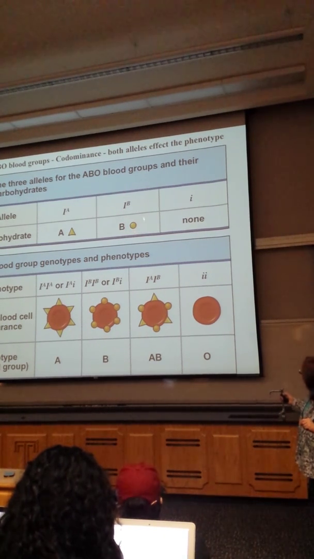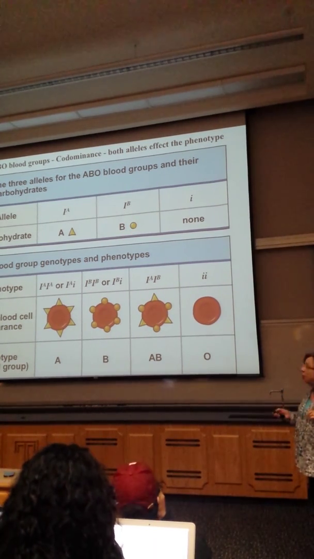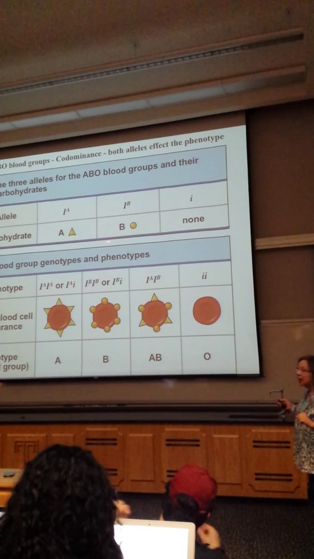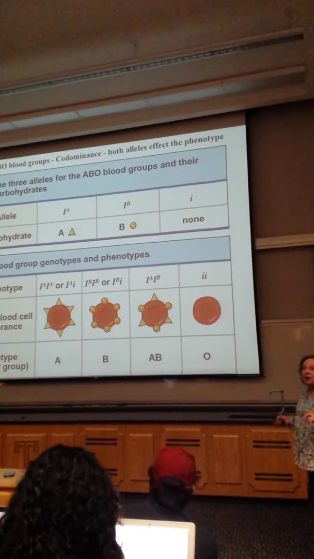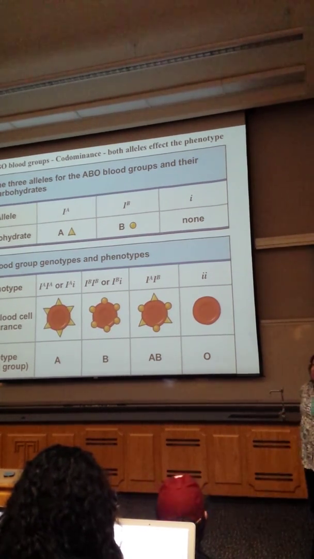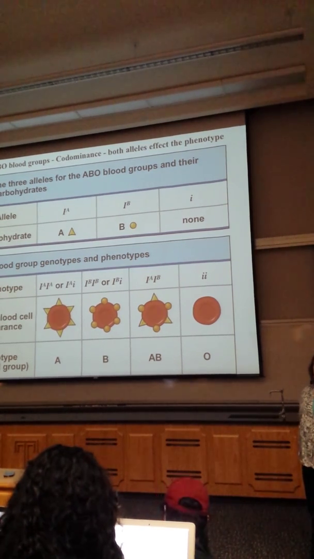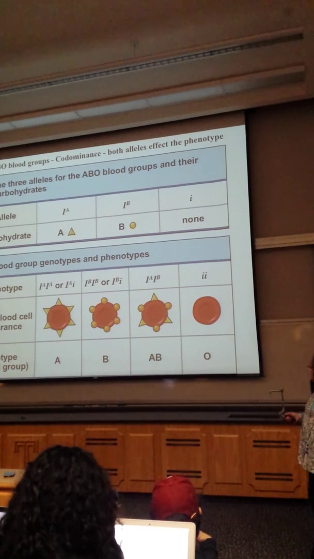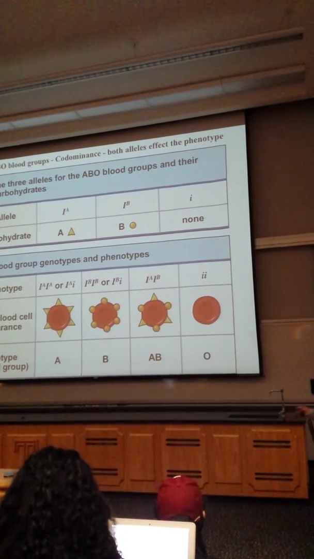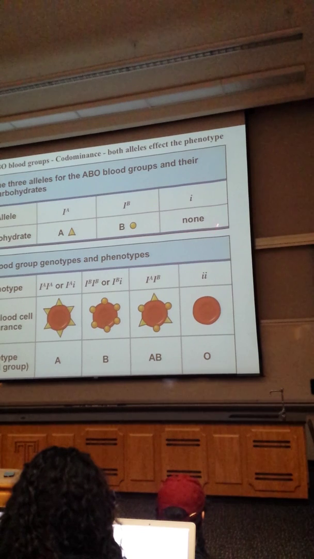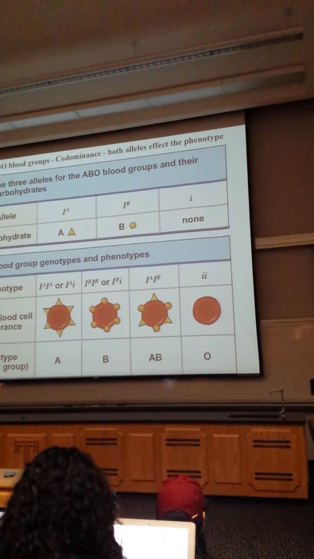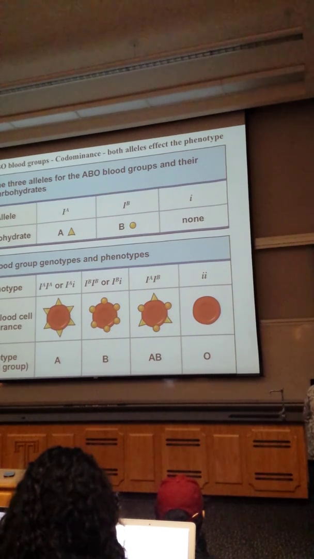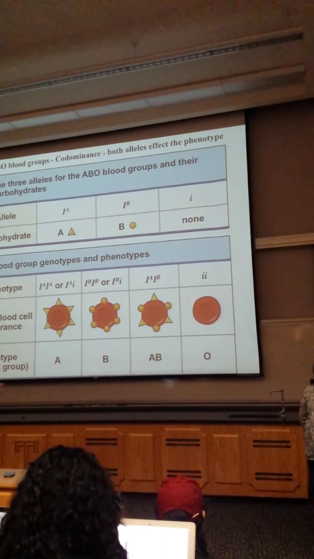In the case of the B blood group, what you have is an enzyme that actually attaches a D-galactose to the surface of the red blood cell. And in the case of the O blood group, what you have is a gene that encodes a non-functional glycosyltransferase.